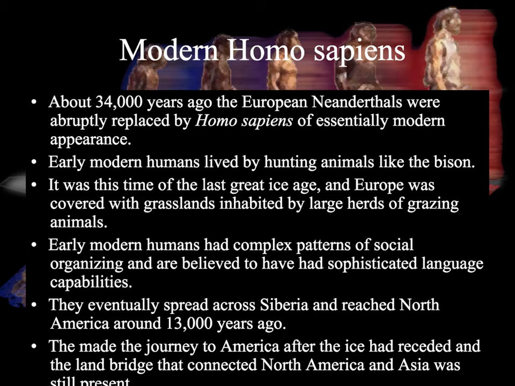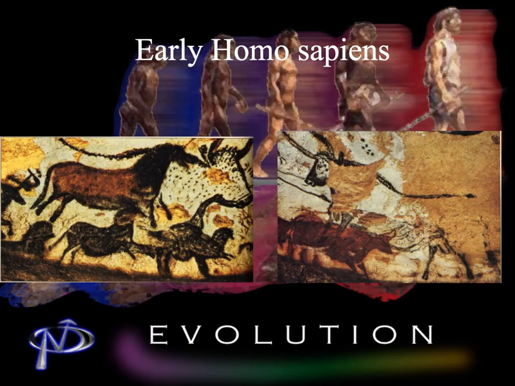They eventually reached North America around 13,000 years ago, as we talked about with the North American megafauna, and once again it was due to the ice receding in North America. They had paintings and drawings, once again showing a lot of abstract thought and a level of intelligence.